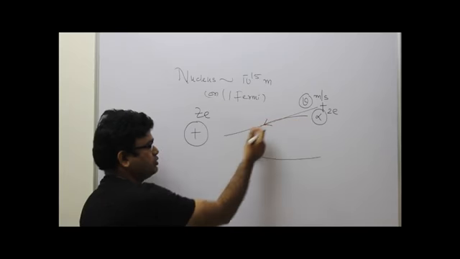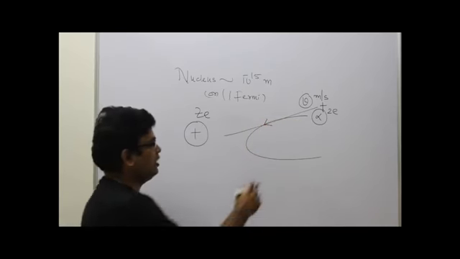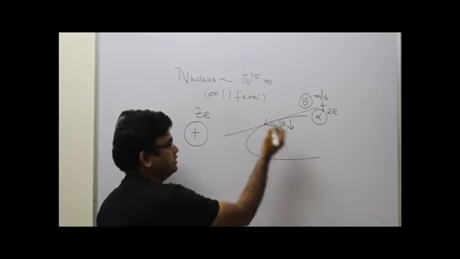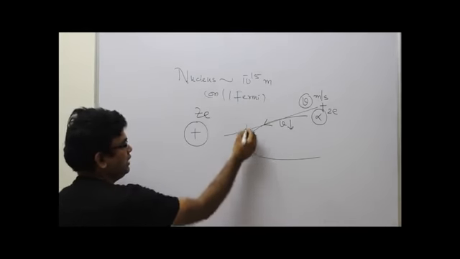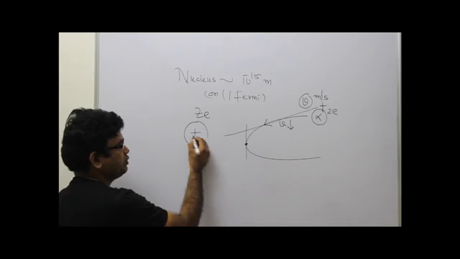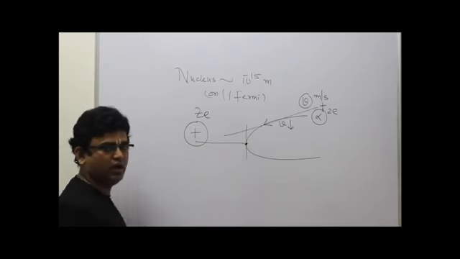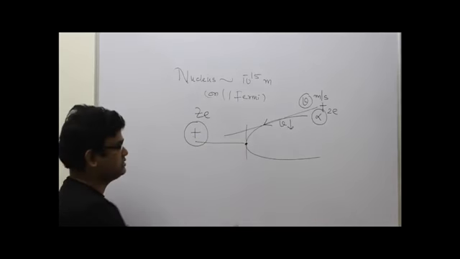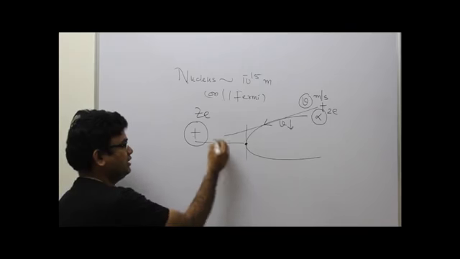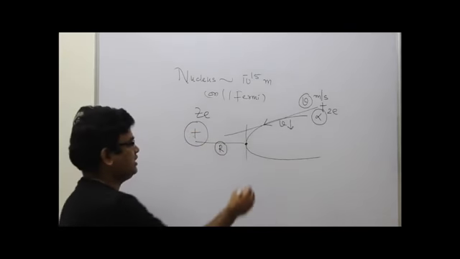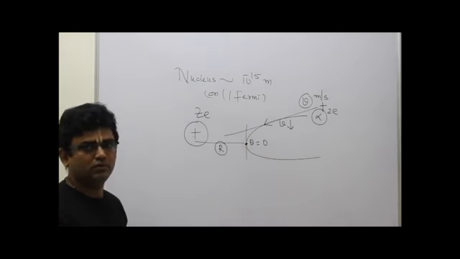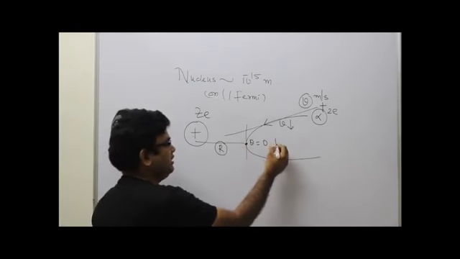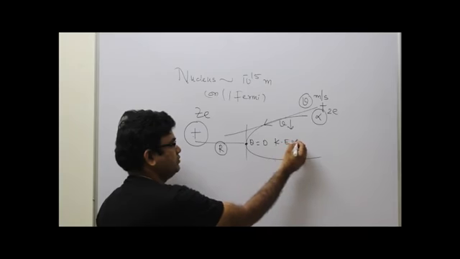When it tries to approach the nucleus, the velocity goes on decreasing because of Coulombic repulsion, and at the closest approach distance, which we call r, the final velocity of the alpha particle becomes 0. So the kinetic energy for a moment becomes 0.